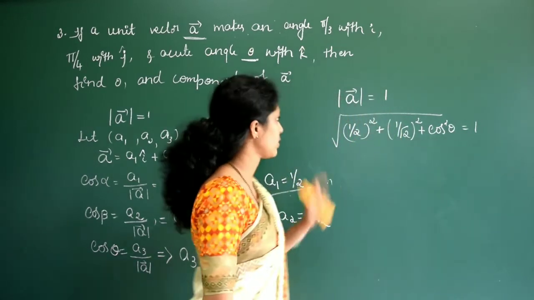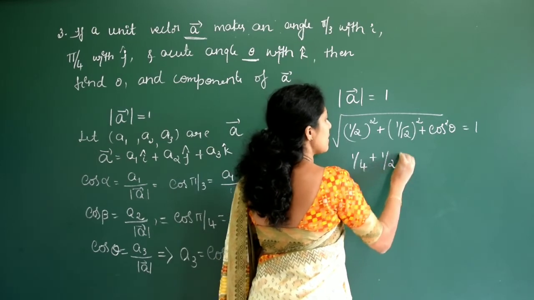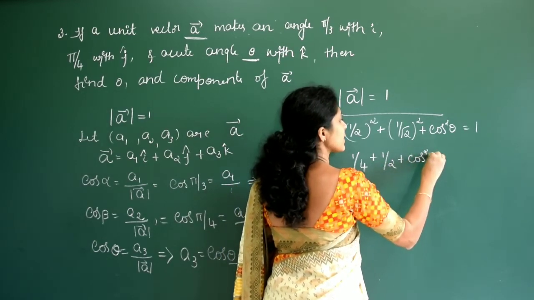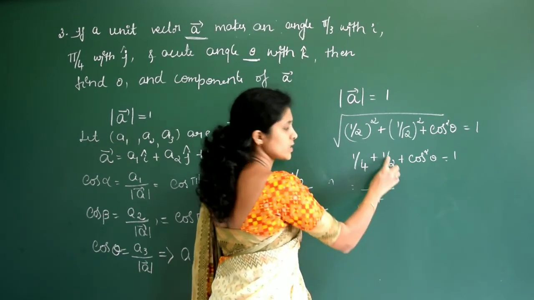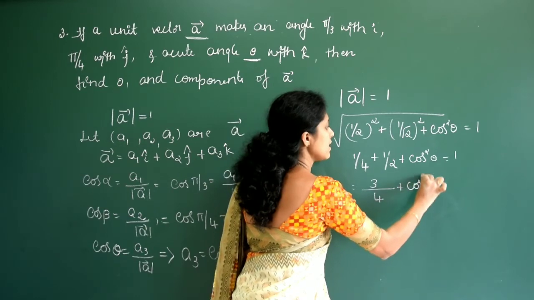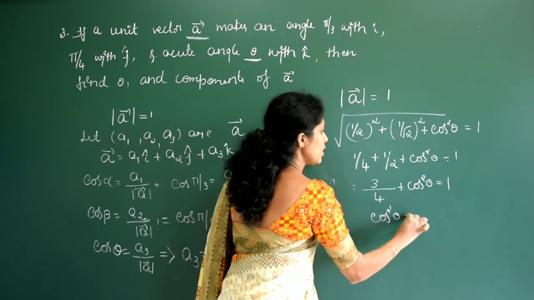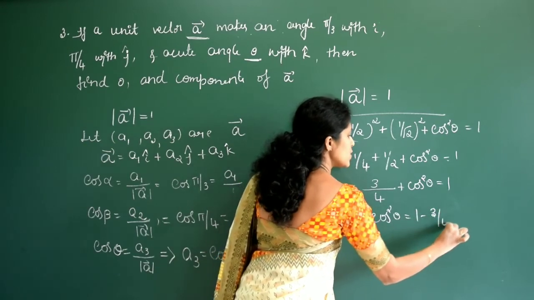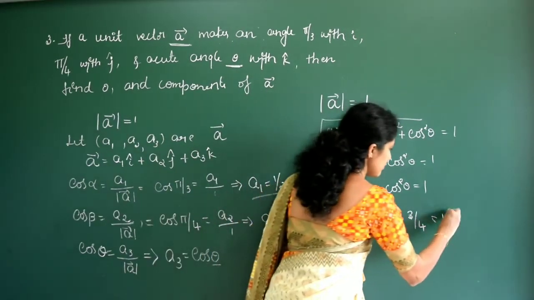We'll square on both sides. So this will be 1 by 4 plus 1 by 2 plus cos square theta is equal to 1. Taking the LCM 4, 2 plus 1 will be 3 by 4 plus cos square theta is equal to 1. So cos square theta is equal to 1 minus 3 by 4, which is 1 by 4.